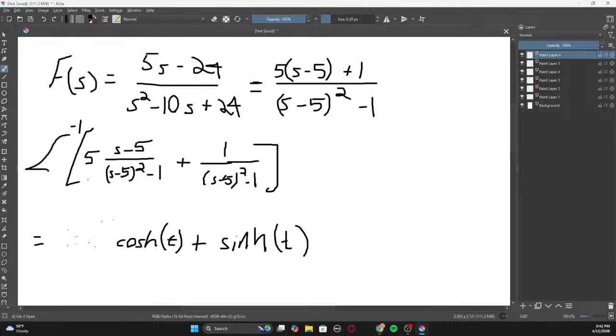For this one, it's going to be e to the 5t. All right, there we go. Everything's organized just about right. So we have 5 hyperbolic cosine of t plus hyperbolic sine of t, all parenthesised, times e to the power of 5t. So, submit. Let's go.